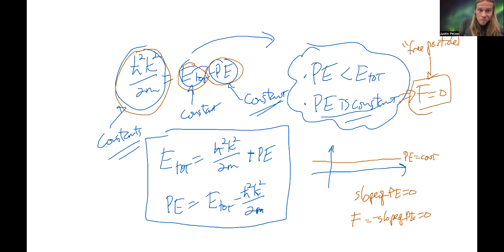And really, we can also solve for K, which is kind of fun. K equals, sometimes E total minus PE is put together, the square root of 2m times E total minus PE over h bar, and then the square root of both sides gives me that. And the h bar squared just square roots to h bar. So this ends up being a sine of kx minus omega t.